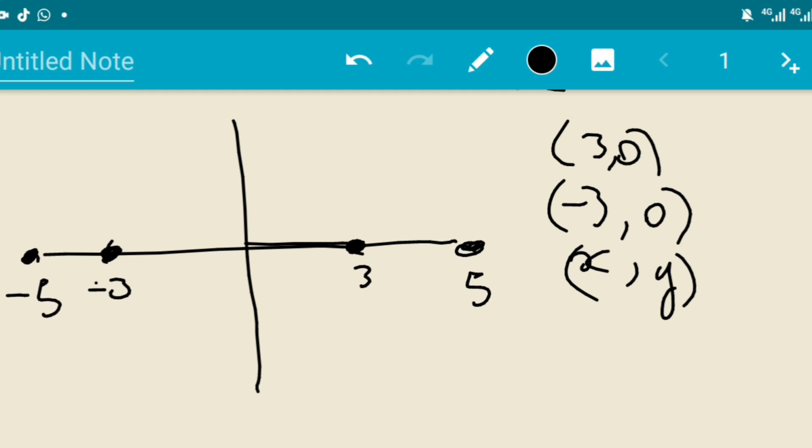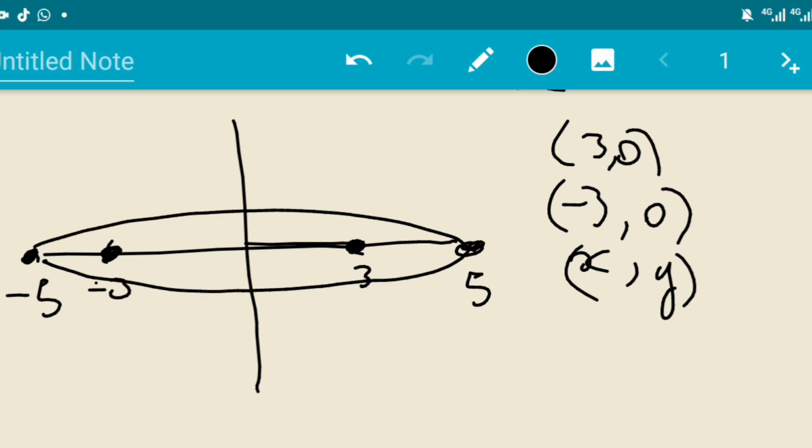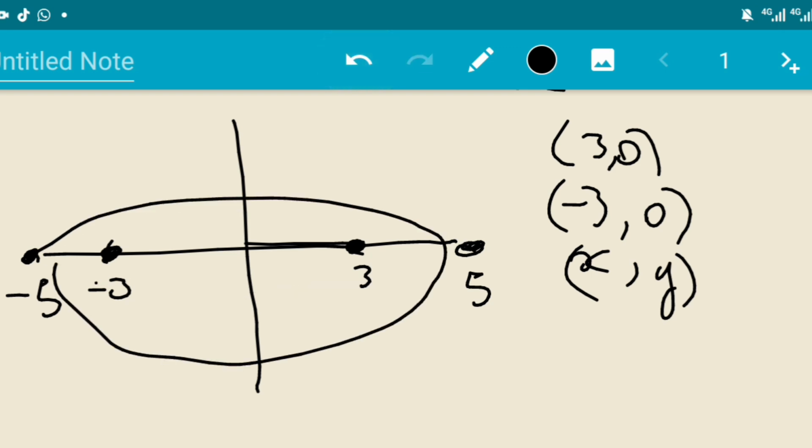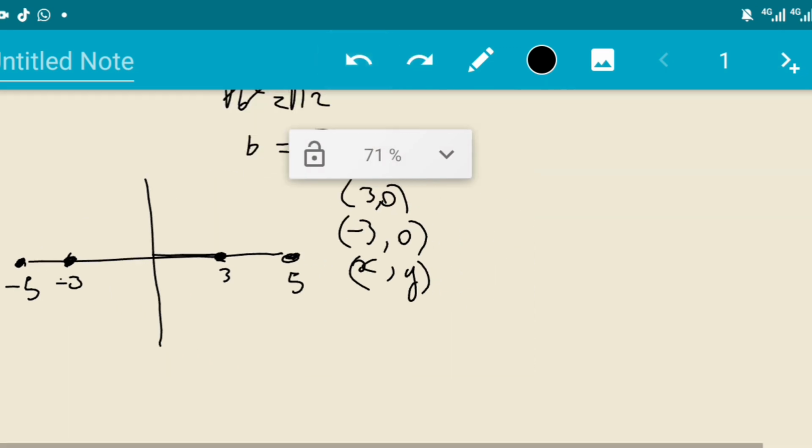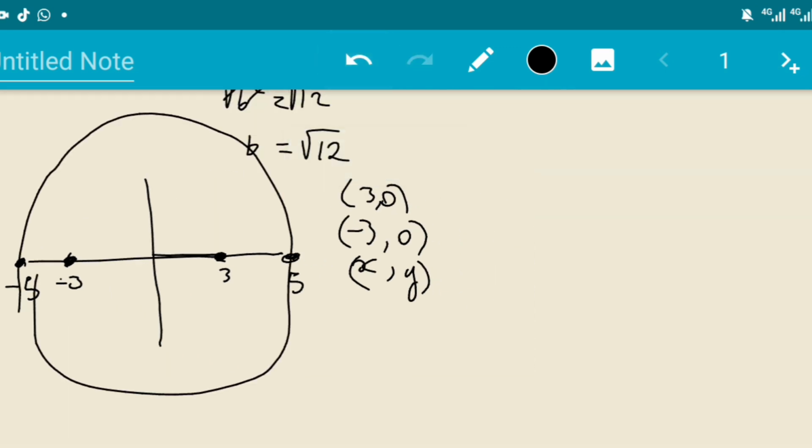Then we don't know how wide this is. It can be like so, it can be like so, it can even be like so, but it can't be like this. Why not? Because the foci are here and here.